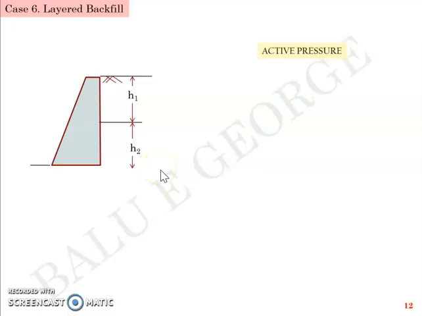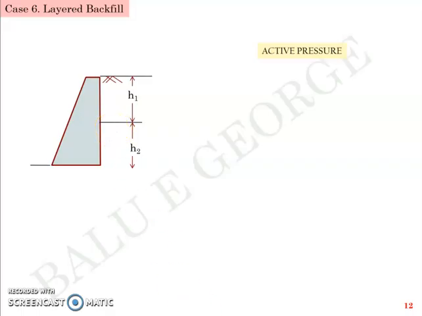One thing that we need to take care is that when the soil is different, you have different unit weights, you have different angle of internal friction. So since angle of internal friction phi varies, Ka also varies, which means layer number 1 will have a Ka value Ka1 and layer number 2 will have another Ka value, let's say Ka2.